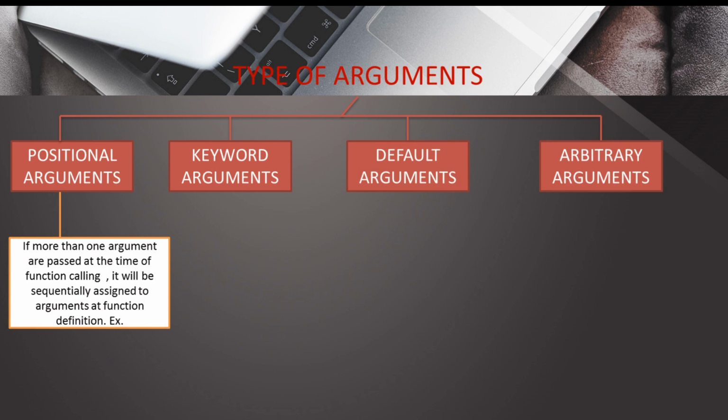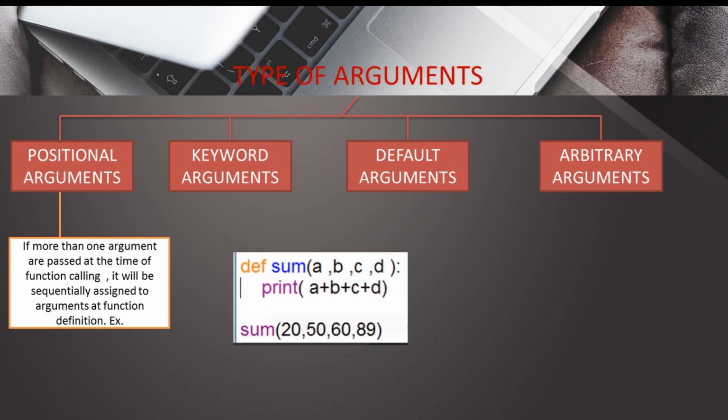What is a positional argument? If more than one argument is passed at the time of function calling, they will be sequentially assigned to the arguments at the function definition, and there must be the same number of arguments at the function definition as at the function calling statement. So here you can see that in this function we have passed 4 values: 20, 50, 60 and 89.